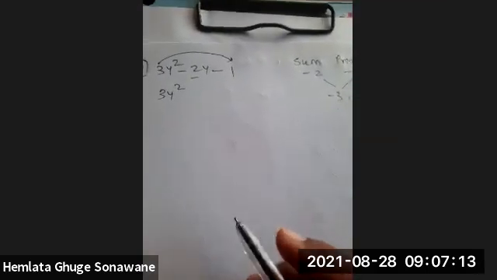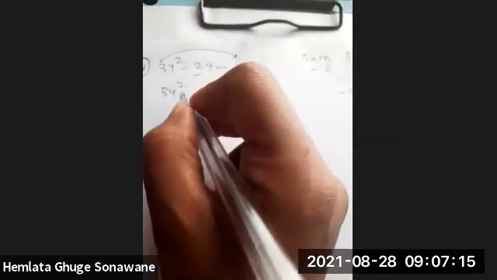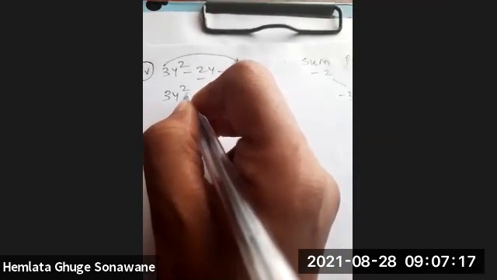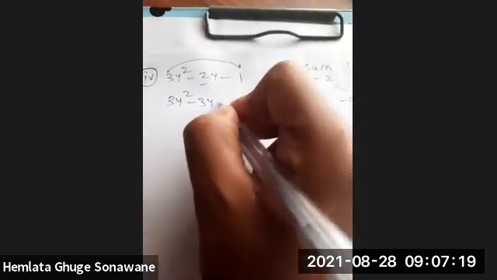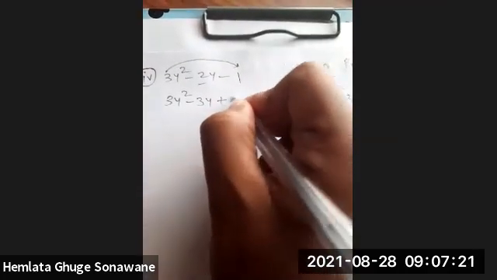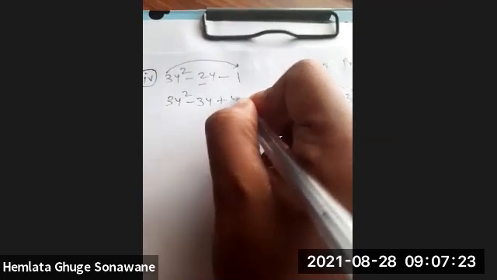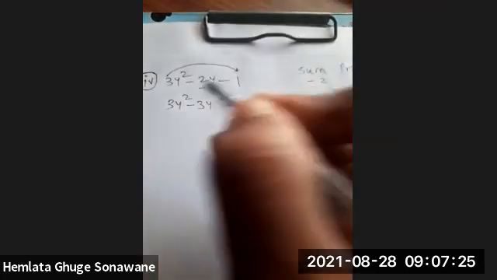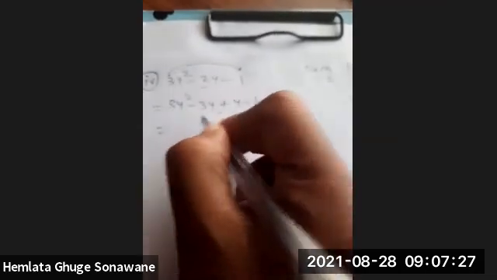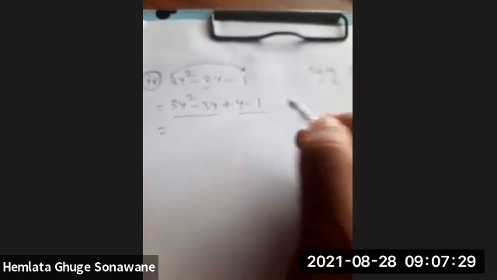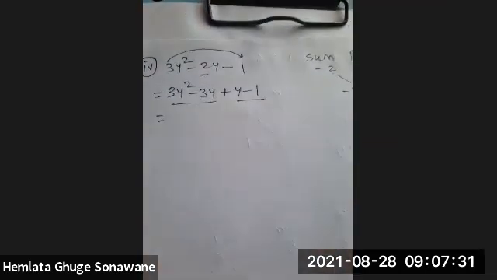So we'll write down here 3y square minus 3y plus y minus 1 as it is. We'll take common factors from this.